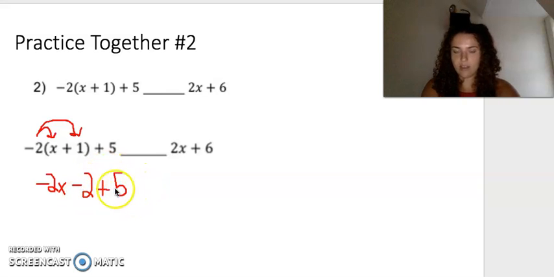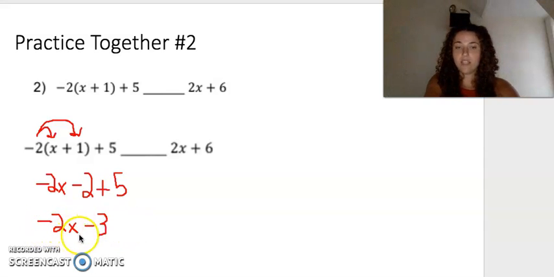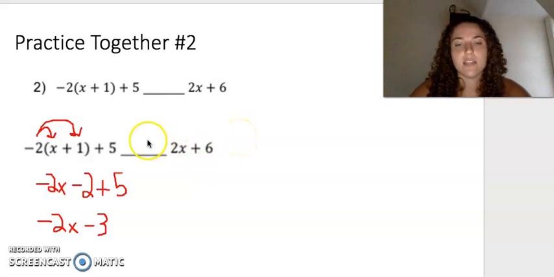There's no x's with them, so they can be combined. So now our expression looks like negative 2x, so minus 2 plus 5, that's going to equal 3. So is negative 2x plus 3 the same thing as 2x plus 6? No, it is not, so these are not equal to each other.